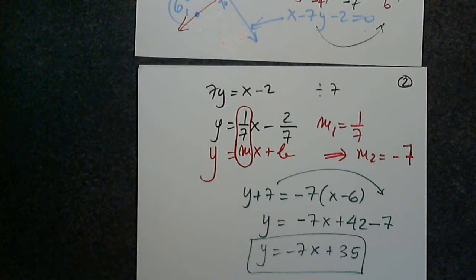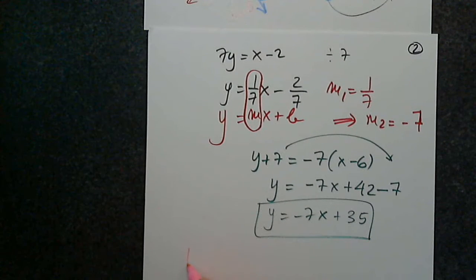Any questions, please? When they're asking for a perpendicular line, will it always be a fraction and a whole number? Like if the given slope is a fraction, would the perpendicular always be a whole number? No, very good question. If I have 1/7, the other one is -7.